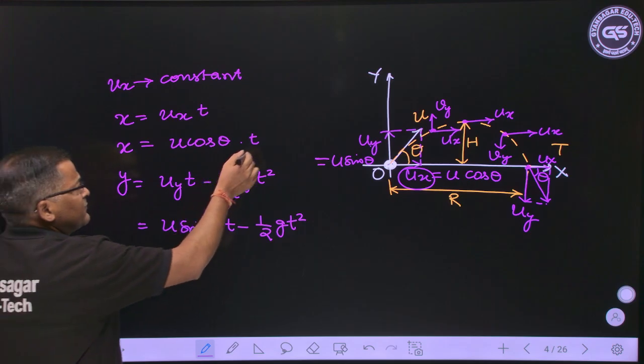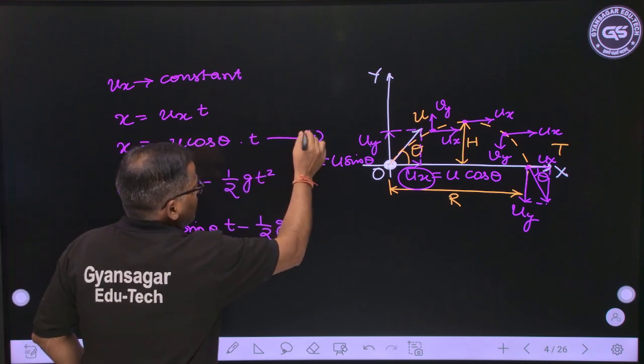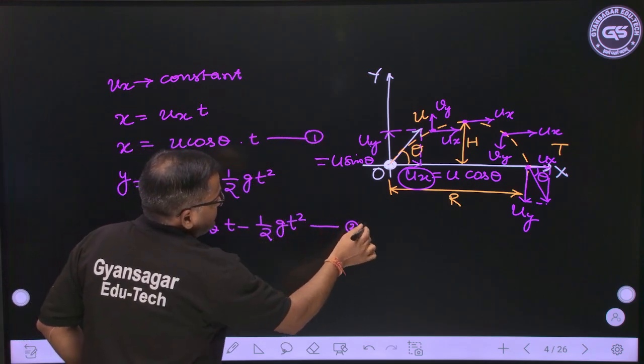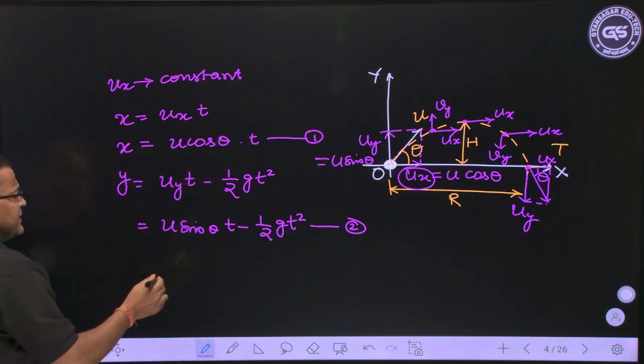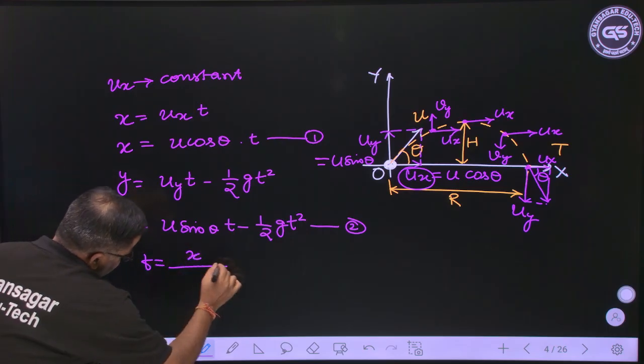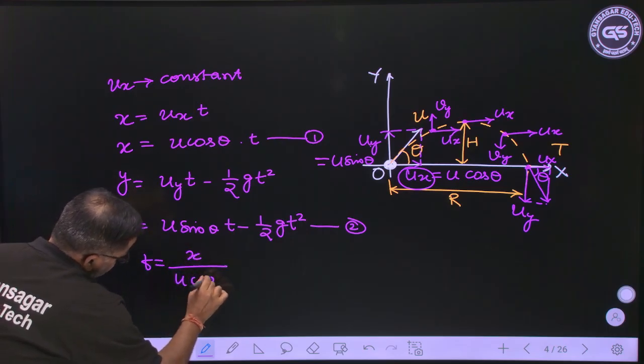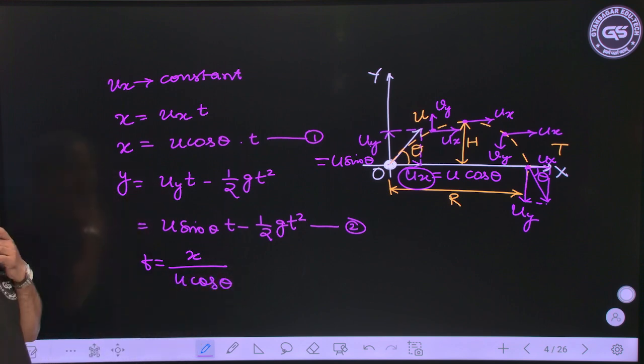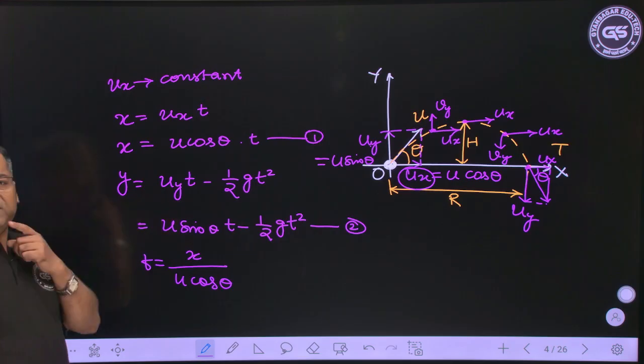Now from this equation, let me say equation 1 and let me say equation 2. From equation 1 we can say that t equal to x upon u cos theta. I will put this value of t in this equation.